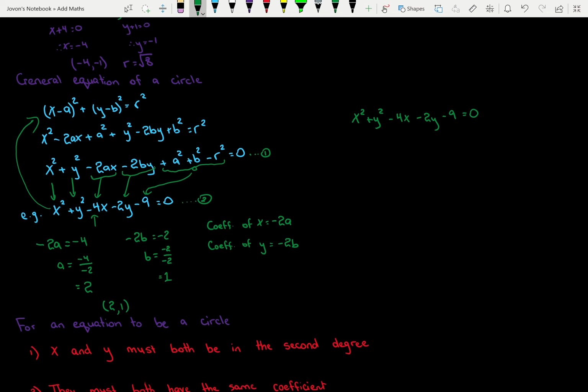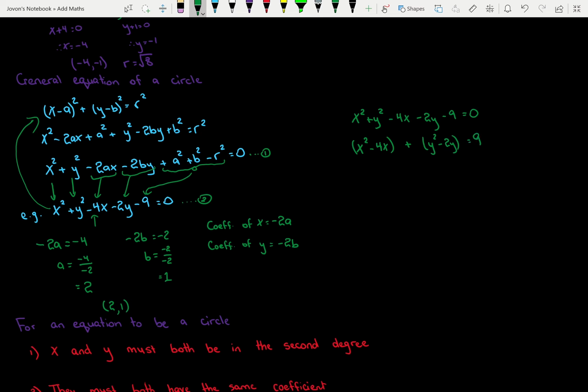What we're going to do is simply complete the square. So we want to group the x terms together and then group the y terms together. So we have x squared minus 4x plus y squared minus 2y is equal to 9. We should put the 9 on the other side.